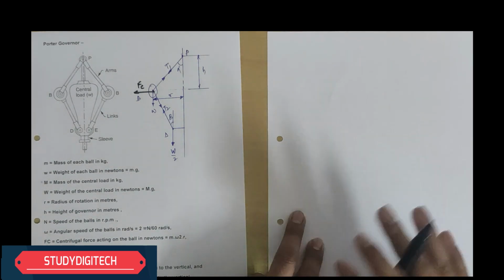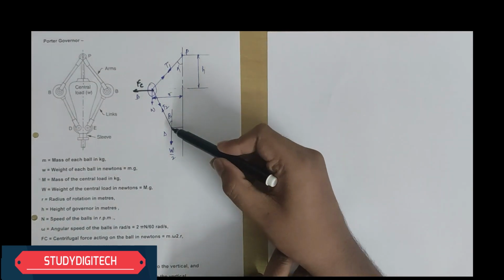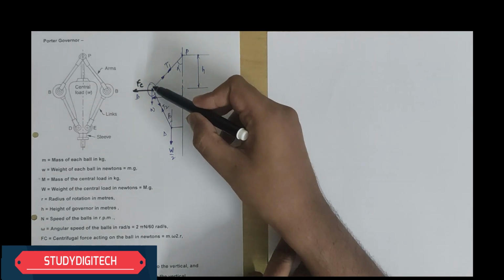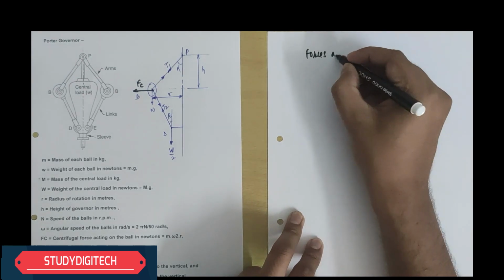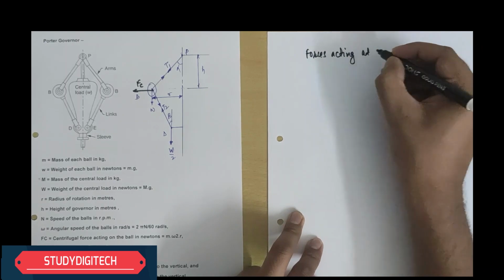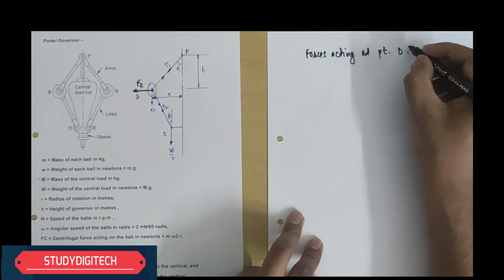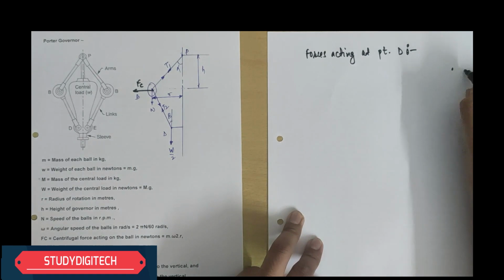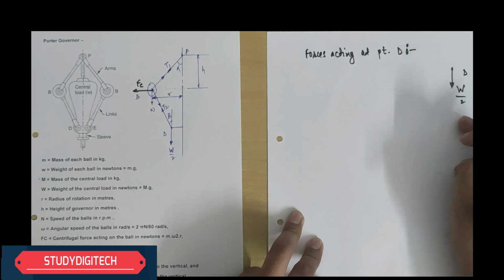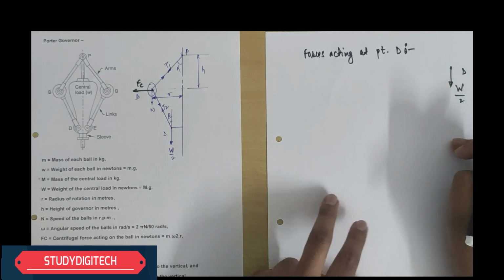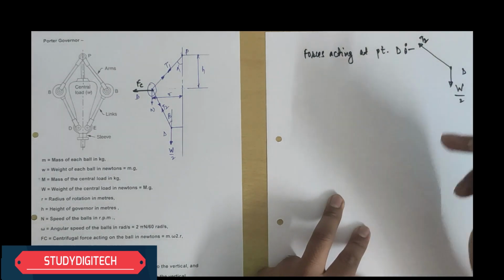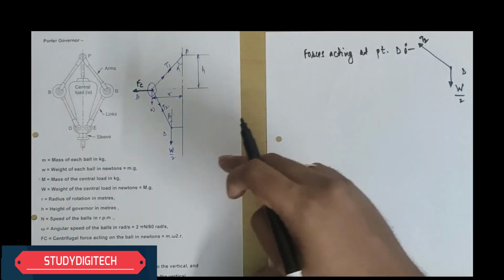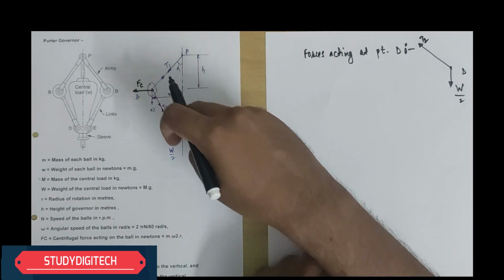Now we are going to consider forces at point D and point B. So first we are going to consider forces acting at point D. So we have D point where W by 2 is the weight of the central load acting in downward direction, and T2 is the tension or load acting along the link BD.